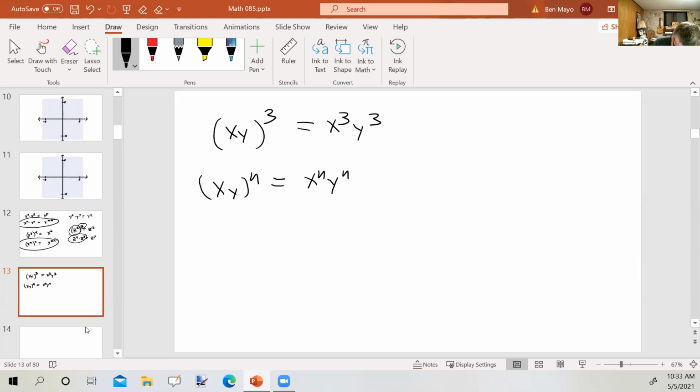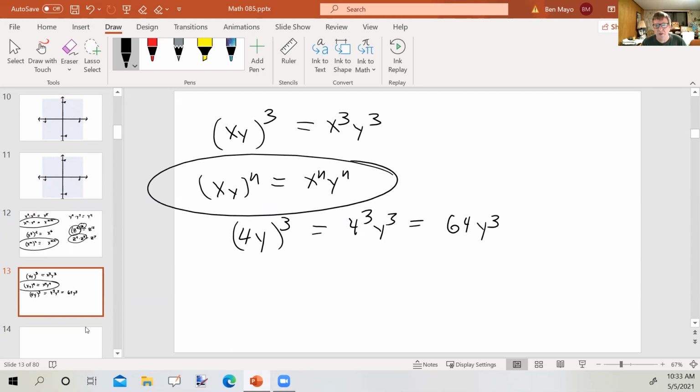So if we have, let's say, 4y, the quantity cubed, that would be 4 cubed y cubed. And going on, since 4 cubed is 64, you'd get 64y cubed. So a product raised to a power, we attach that power to each factor of that product.